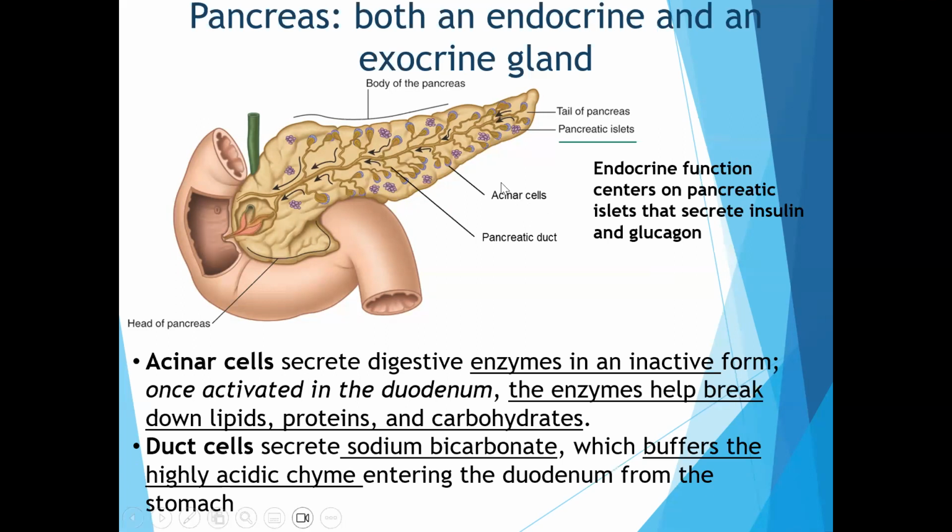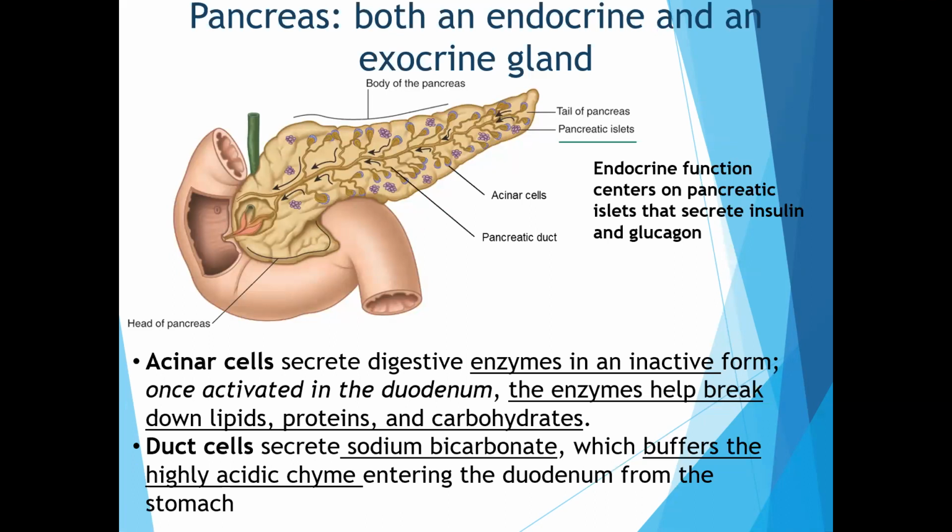We have acinar cells. Those secrete digestive enzymes, which are inactive. They don't become activated until they're in the duodenum, but these enzymes are very important to help break down lipids, proteins, and carbohydrates, our three major nutrients. There's also duct cells. Those secrete sodium bicarbonate. If you remember from some of our discussions about pH, sodium bicarbonate is a basic liquid.